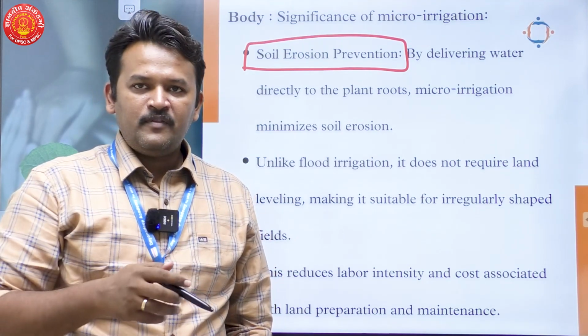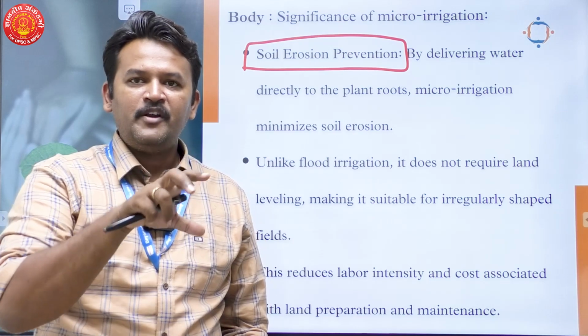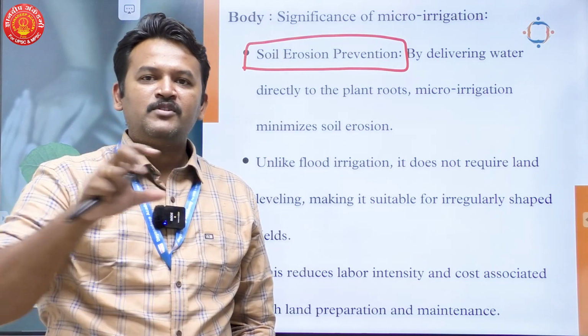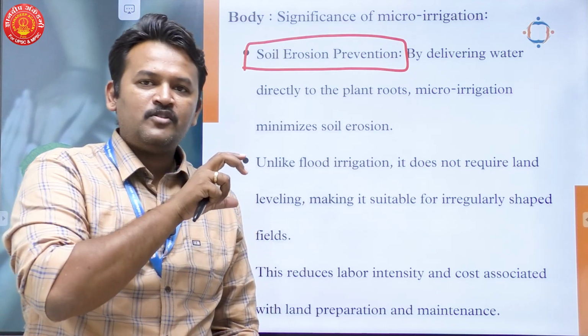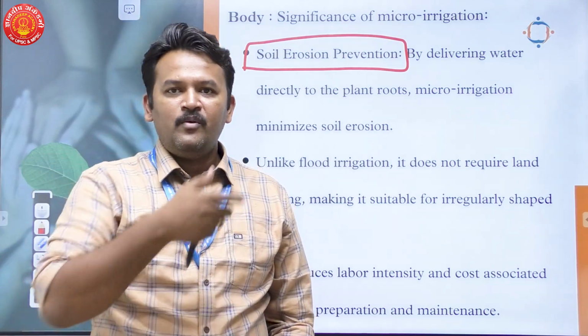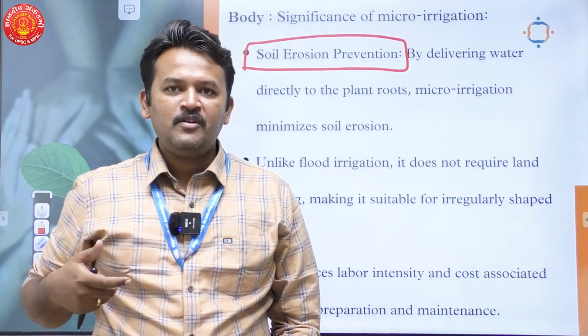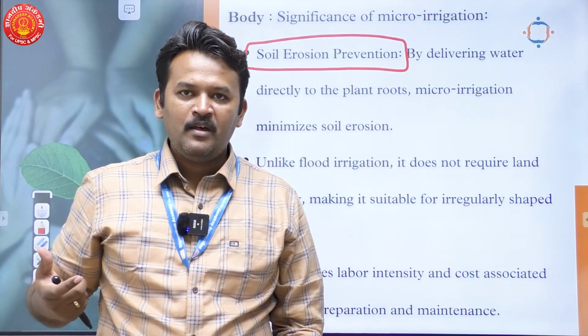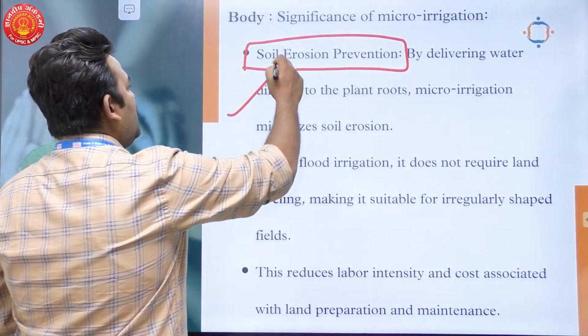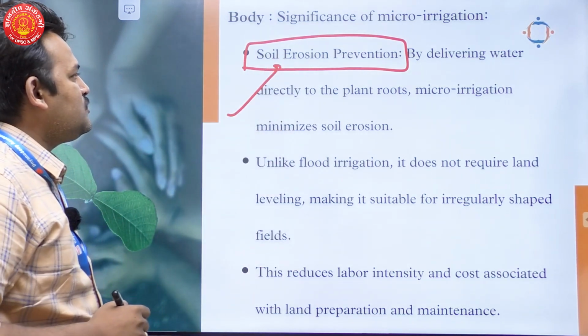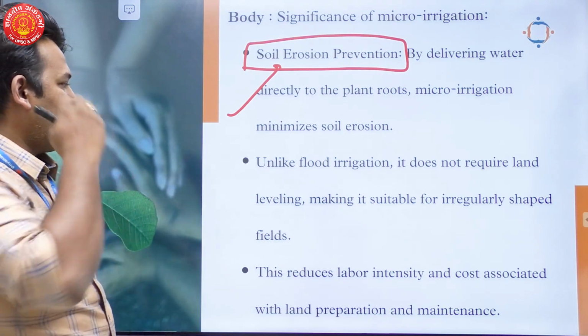Due to this runoff, the productive soil layer of the field gets washed away, and due to that loss, the overall productivity of the land will reduce in future. So micro irrigation facilities will also help in controlling soil erosion in that field.